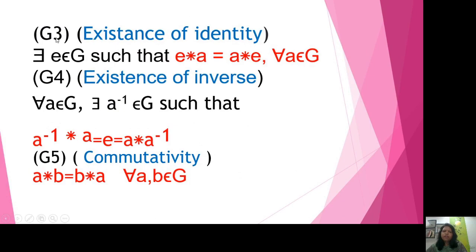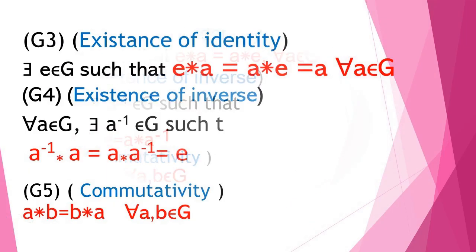Now next is G3. It is called the existence of identity element. So what is this property?